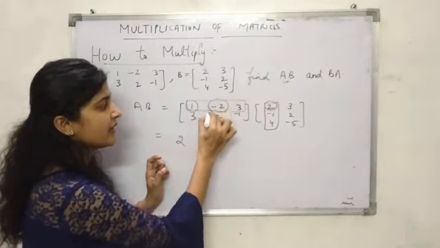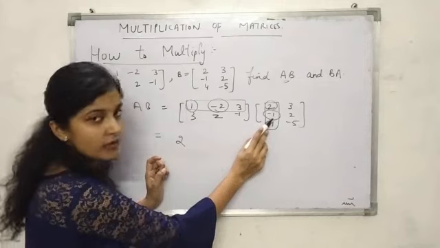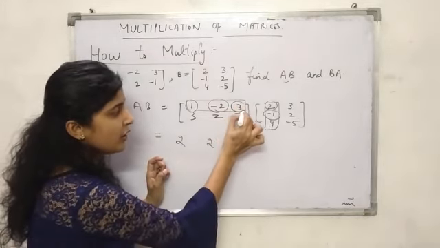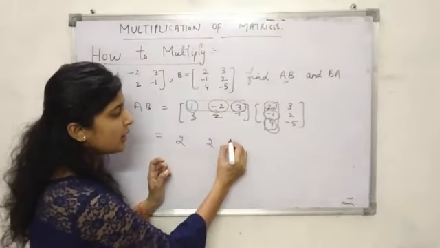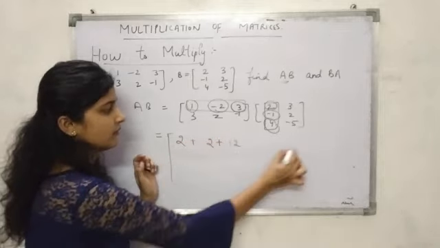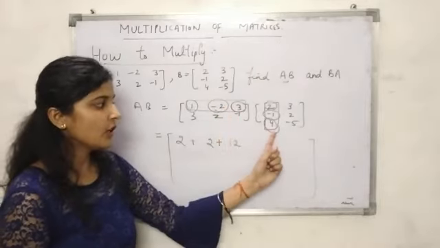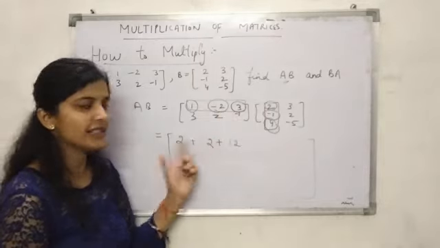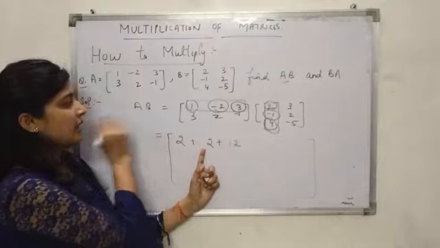Second element with second element, that is minus 2 multiplied with minus 1, that is 2. Third element with third element, that is 3 into 4, 12. Then you will add these. Clear? One row is picked from here, one column from here, corresponding elements are multiplied and the result is added. This will be the first entry of AB.